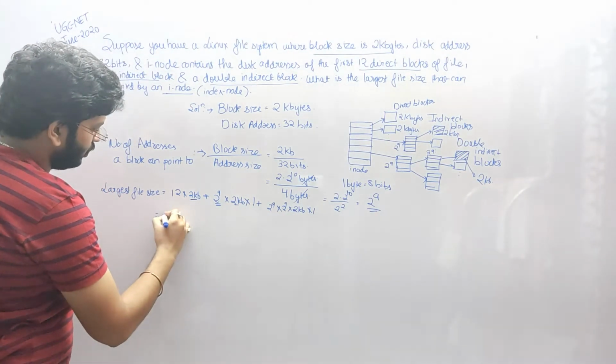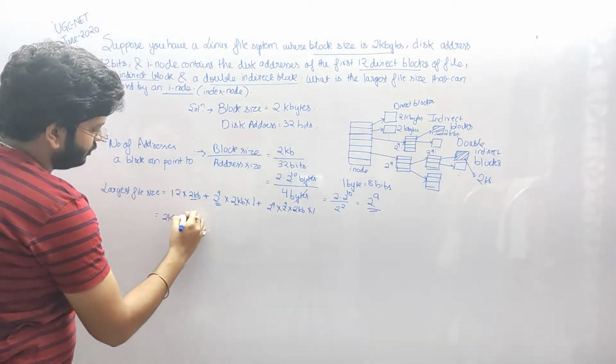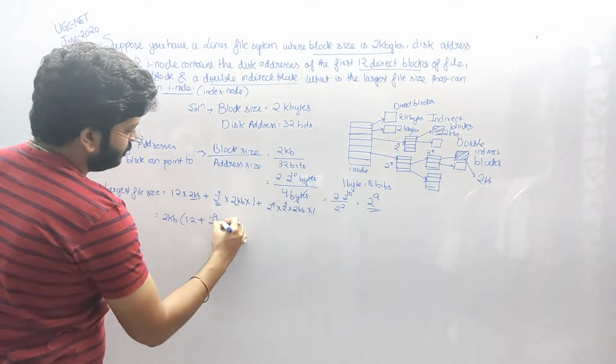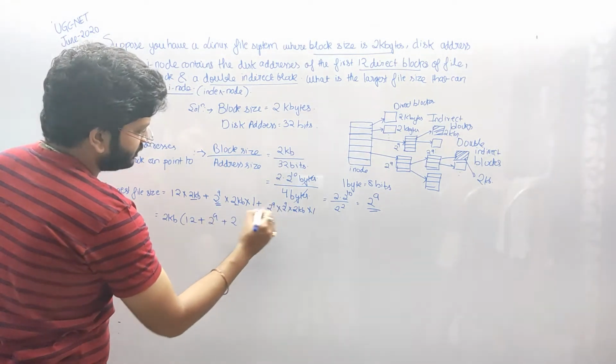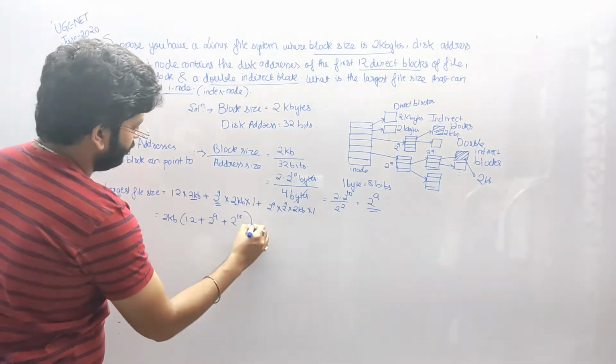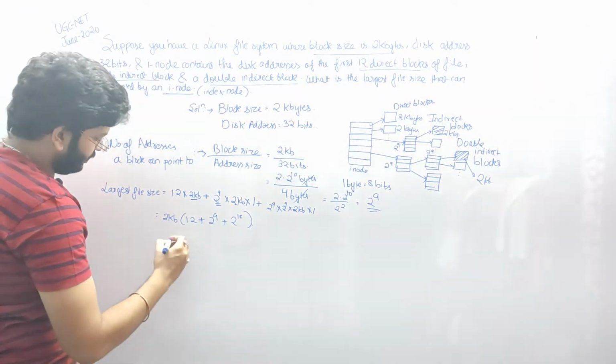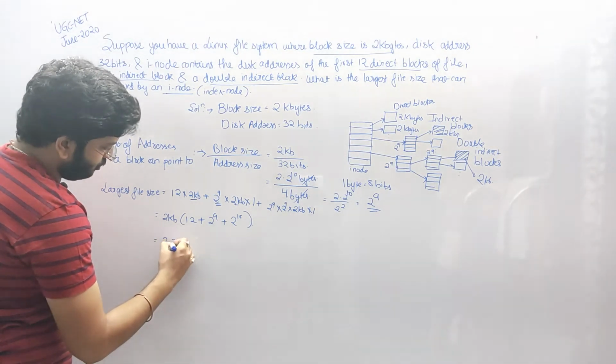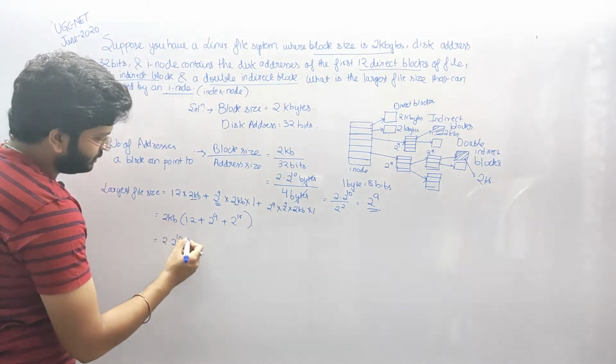I can take 2 kilobytes common. So here it will be 12 plus 2 power 9 plus 2 power 9 plus 9, which is 18. 2 kilobytes can be converted to 2 into 2 power 10 bytes.